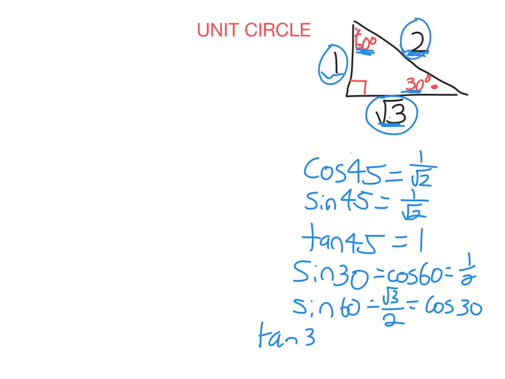So tan 30 would equal opposite over adjacent, so it's 1 over square root of 3. And then tan 60, this angle here, would be opposite over adjacent, so it would just be the square root of 3. So these are exact values, and I'm going to use these in the unit circle.